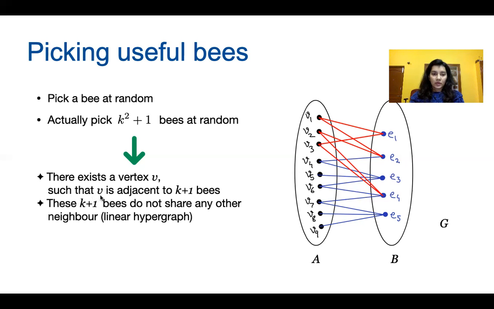If V is adjacent to k plus 1 B's, then these B's cannot share any other vertex in the partition because it's a linear hypergraph. Hence, V must necessarily belong to every k-sized solution.